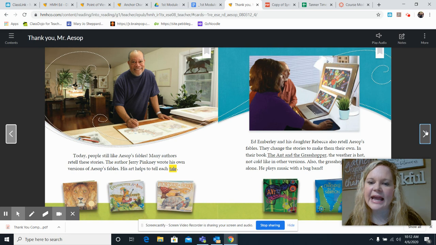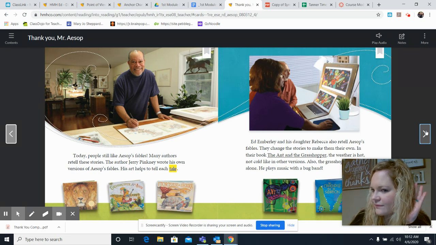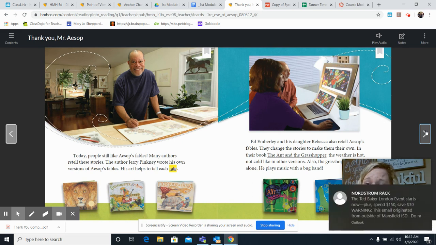Ed Emberley and his daughter Rebecca also retell Aesop's fables. They change the stories to make them their own. In their book, The Ant and the Grasshopper, the weather is hot, not cold like in other versions.